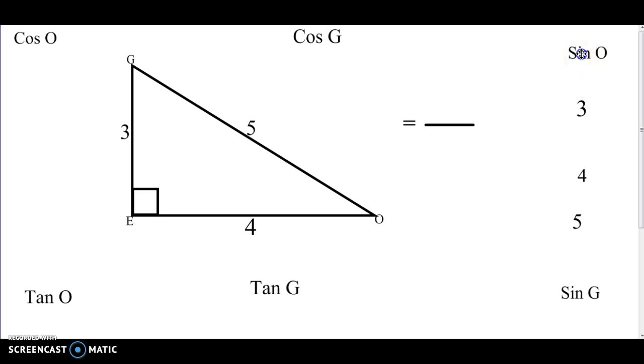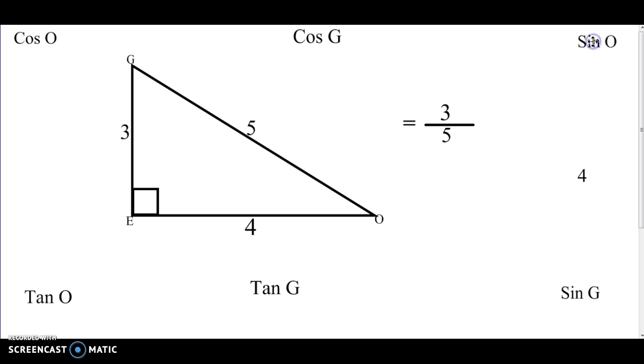All right, let's do more. So the sine of angle O. The sine of angle O, that's the SO in SOHCAHTOA. So sine of an angle equals the opposite side over the hypotenuse. So here's O. So O, the opposite side is 3. The hypotenuse is 5. So the sine of angle O is equal to 3 over 5.